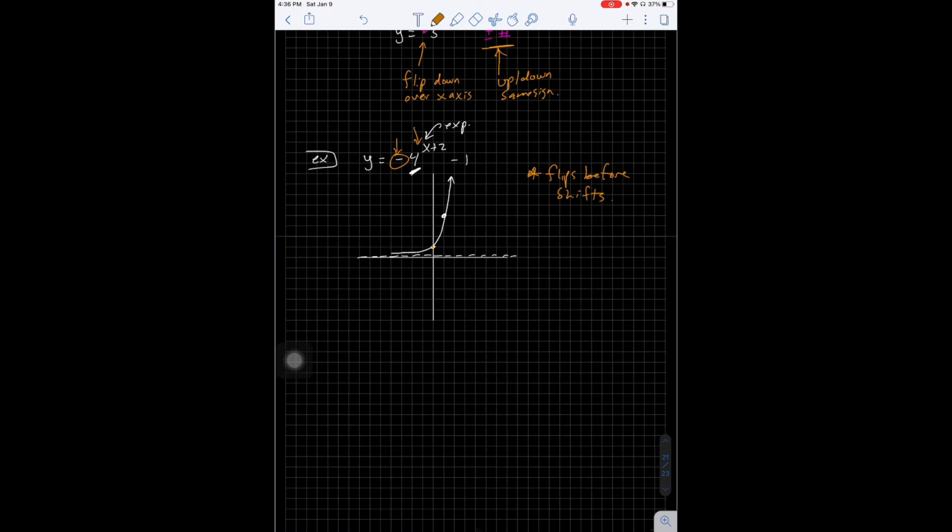So instead of 0, 1, it becomes 0, negative 1. Instead of 1, 4, it becomes 1, negative 4. And again, when I'm grading these, I'm grading these 2 points for accuracy. So transition them well and carefully.